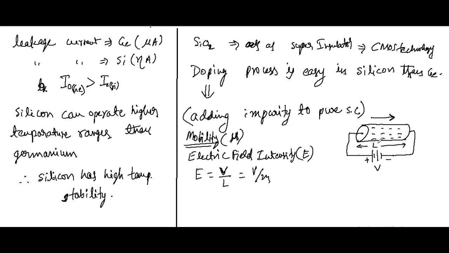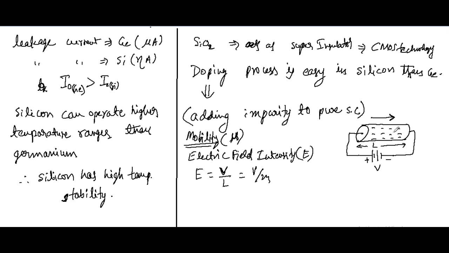Due to this electric field intensity, the charge carriers are moved from one side to another side. That means these charge carriers have velocity. Velocity is nothing but speed in a particular direction. So the charge carriers move from higher potential to lower potential with some velocity, measured in meters per second.